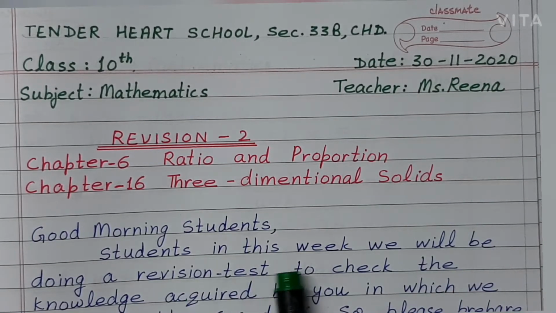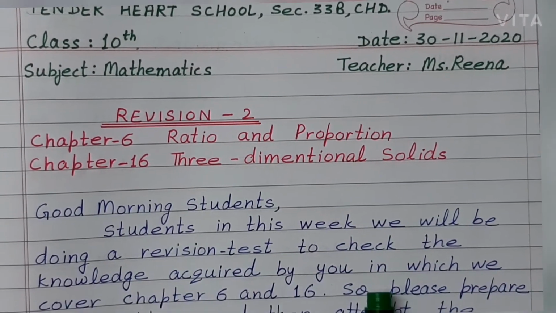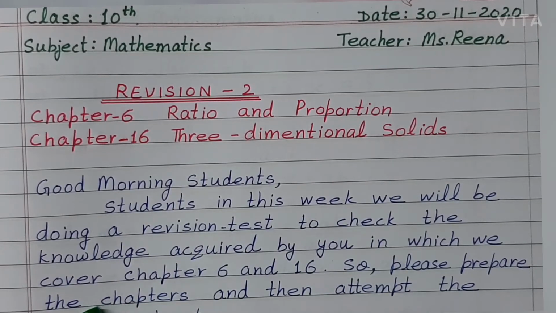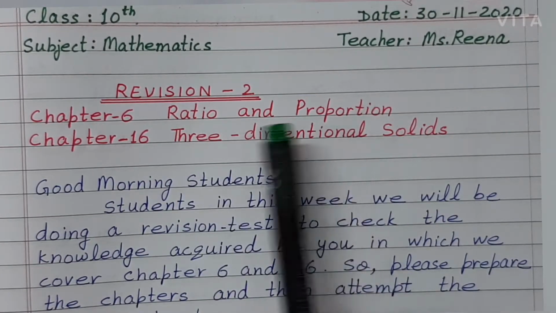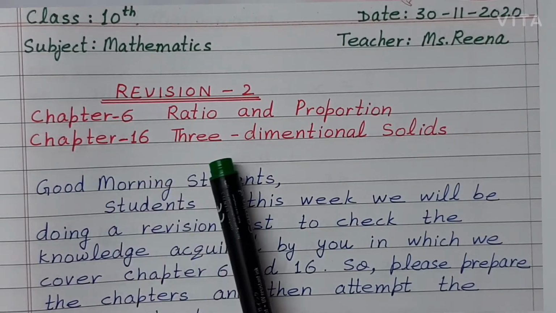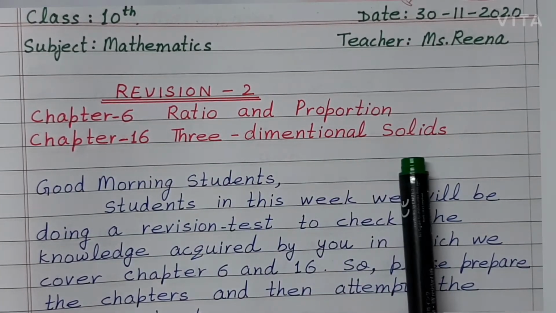Students, in this week, we will be doing a revision test to check the knowledge acquired by you, in which we cover chapter 6 and 16, that is ratio and proportion, and chapter 16 is three-dimensional solids.